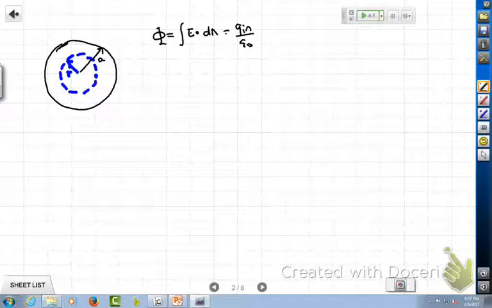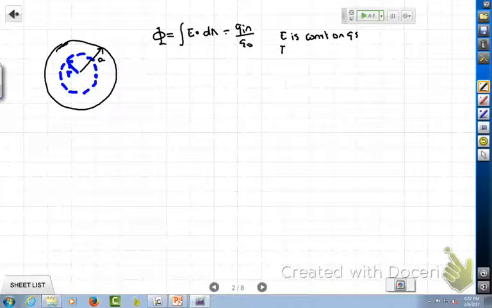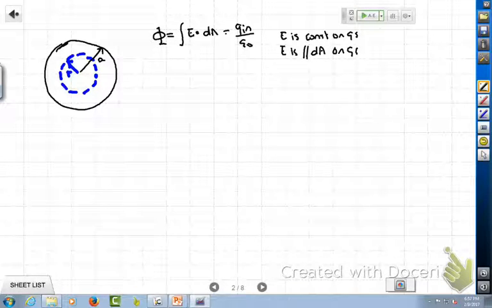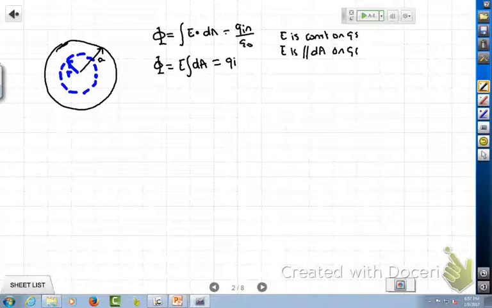And I know that E is constant on my Gaussian surface, and I know that E is parallel to dA on my Gaussian surface. So that gets me that flux is equal to E integral dA, which equals Q inside over epsilon naught.